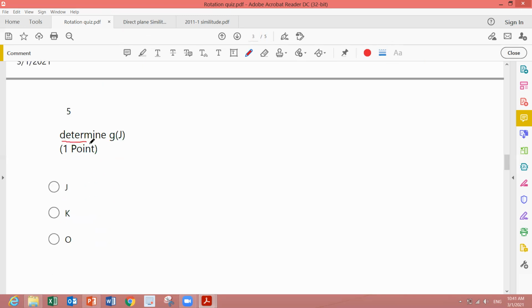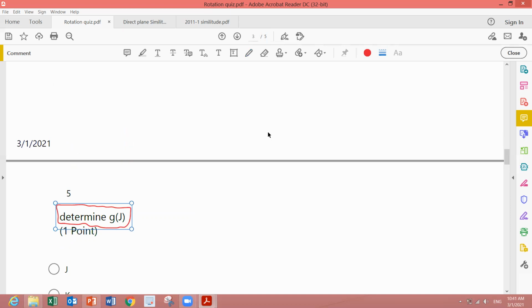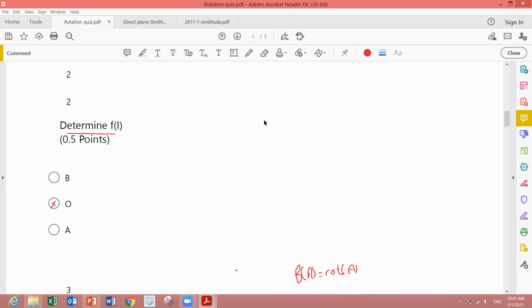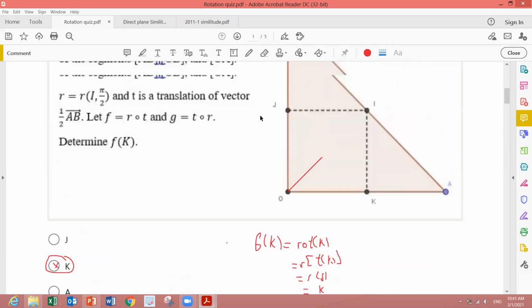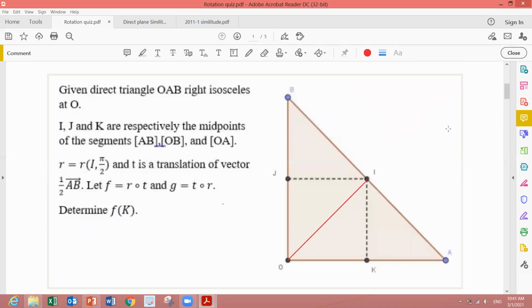G of J. How much is J of J? Sir, go up, what was J? Rotation, round translation. J. Yes. Can you say why?